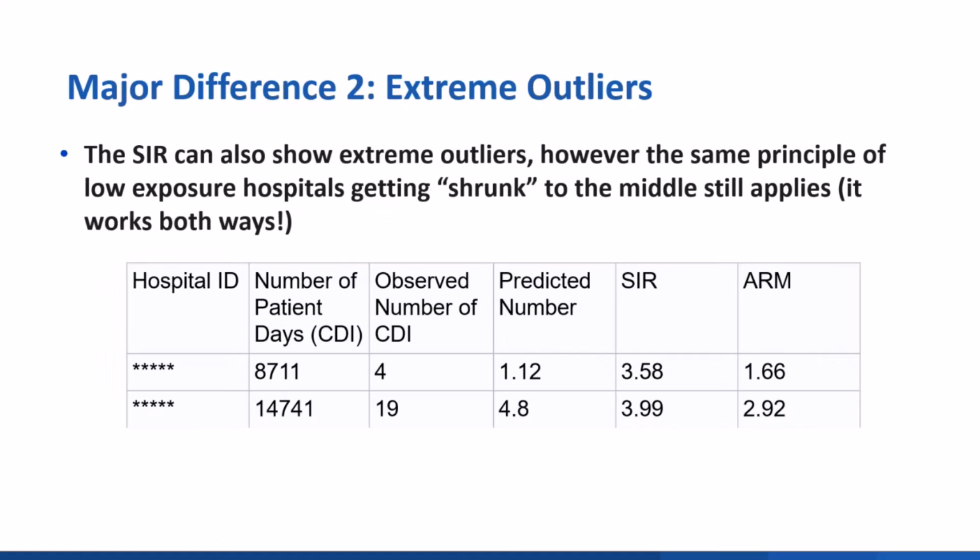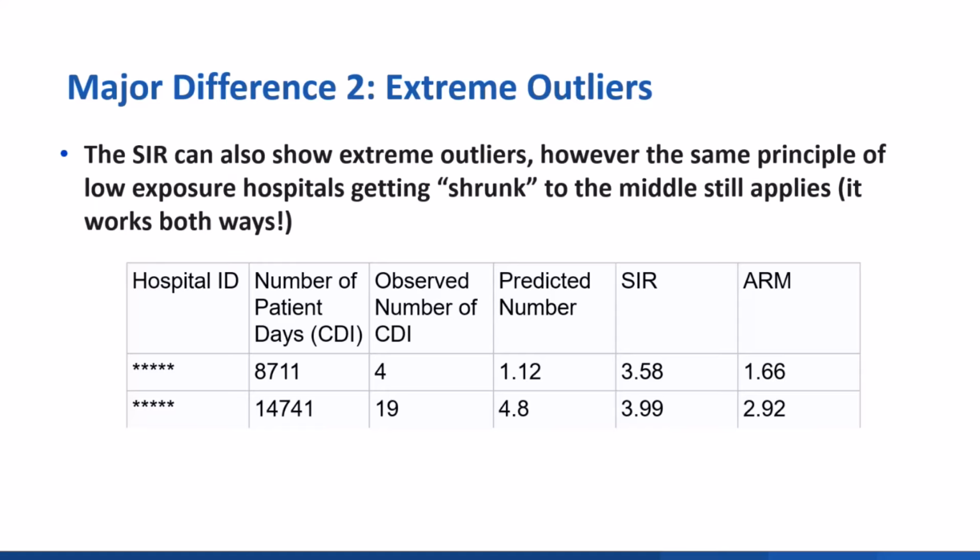Now, this is a double-edged sword here. There's 2 sides to this coin. So the other major difference between the SIR and the arm are extreme outliers. The SIR is very prone to showing very large outliers. But the principle that the low exposure hospitals get shrunk to the middle still applies, and it works in both ways.